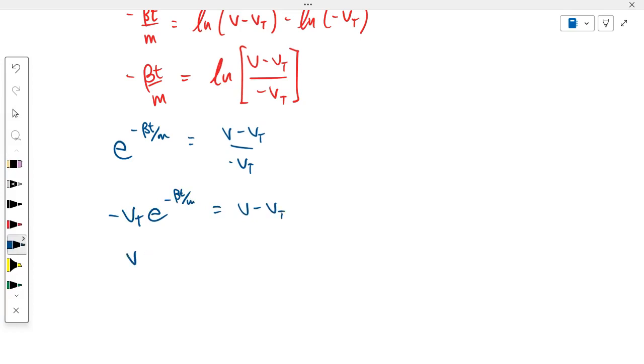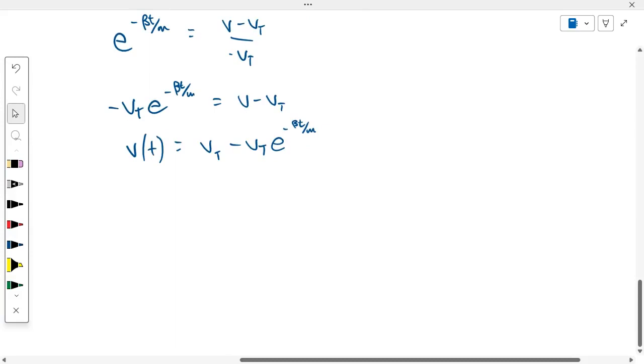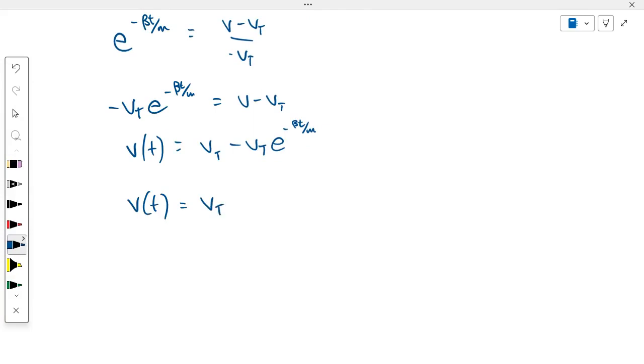We get V as a function of t really is V terminal minus V terminal e to the negative beta t over m. Typically what we'll do here is factor out that V terminal: 1 minus e to the negative beta t over m. There it is. There's our expression for velocity as a function of time.